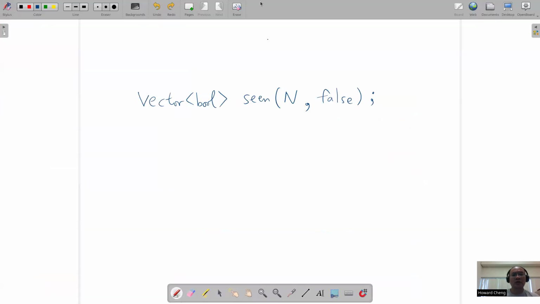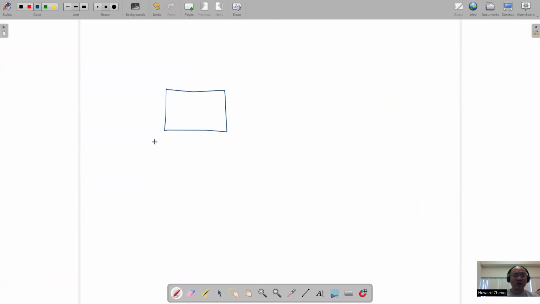So the question is, if I have a rectangle, and I have a point x comma y, how do I know if that point is inside or not? Well, if it's inside, then x has to be between x1 and x2.